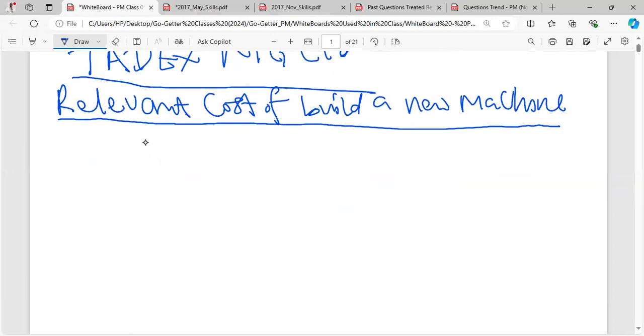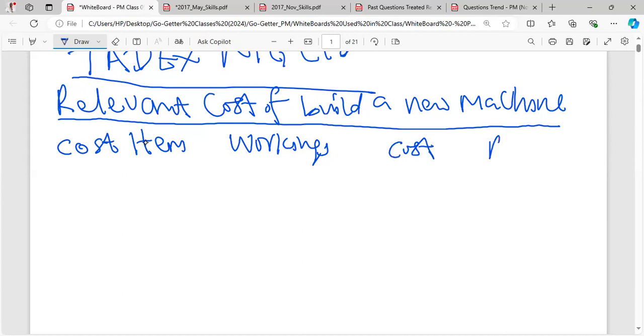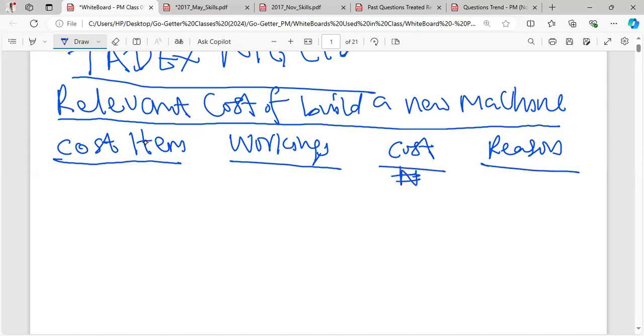So we'll say here, this is cost item, this is workings, this is costs, and this is reason. So these are the things we are going to be doing here. The costs should have a Naira sign here, and there's a reason. So let's take these costs one after the other.